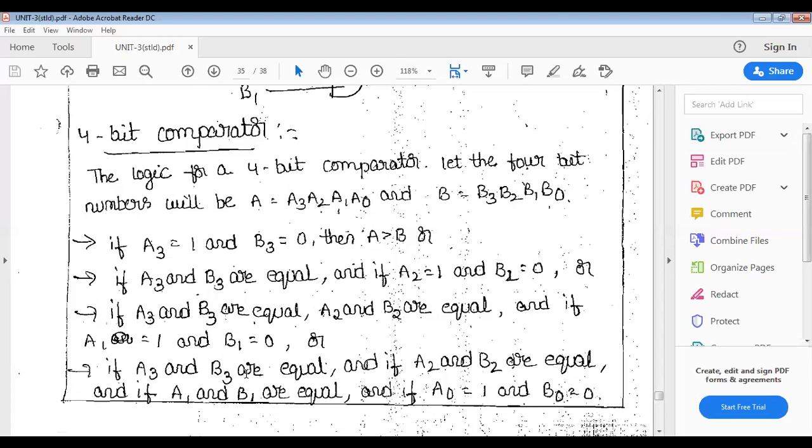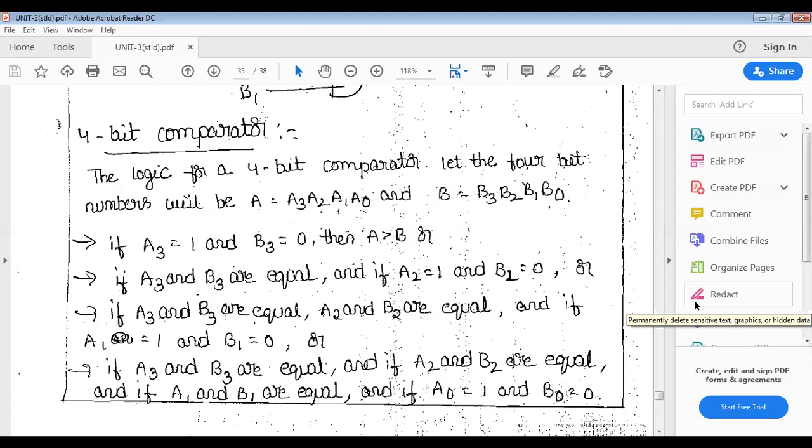If all three higher bits, A3 B3, A2 B2 and A1 B1, are equal, and finally A0 is 1 and B0 is 0. Every time you compare from the MSB to the LSB. If A3 is greater than B3, directly by taking that term, we can say A with 4 bits is greater than B with 4 bits.